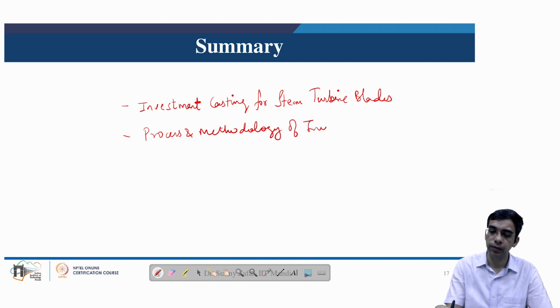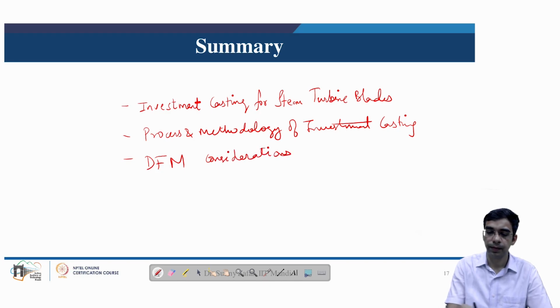We have looked at the process and methodology of investment casting. We have looked at design for manufacturability, that is, ease of manufacturability considerations. We have looked at all the steps in detail.